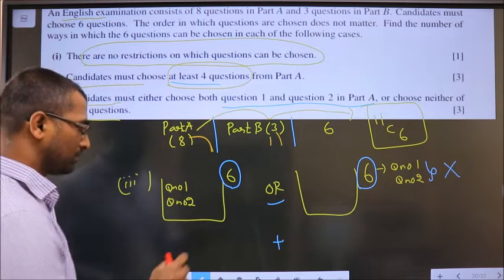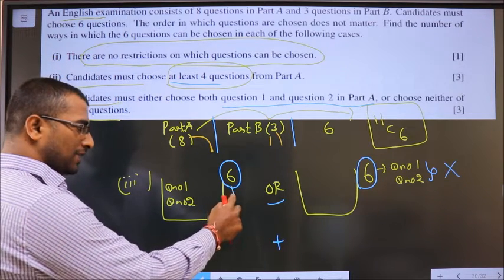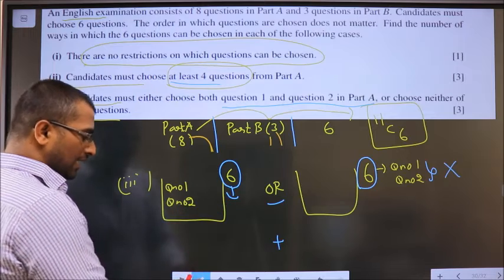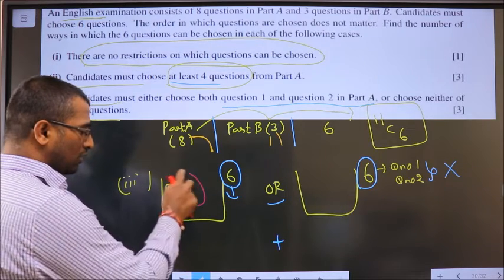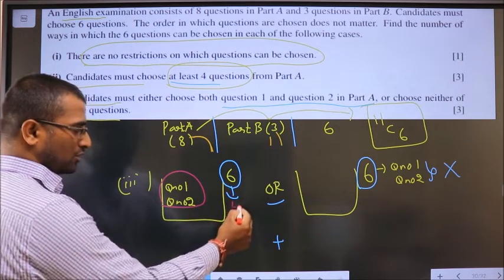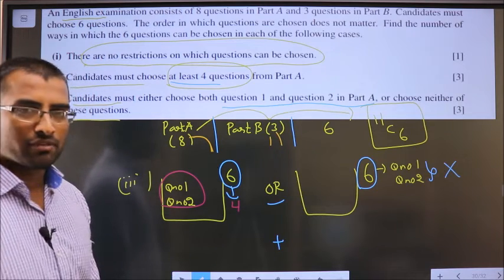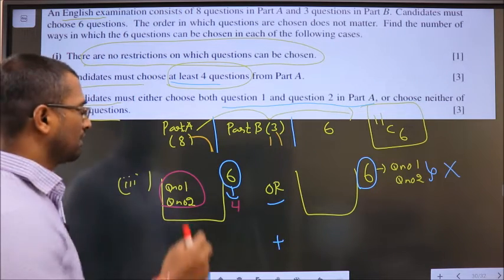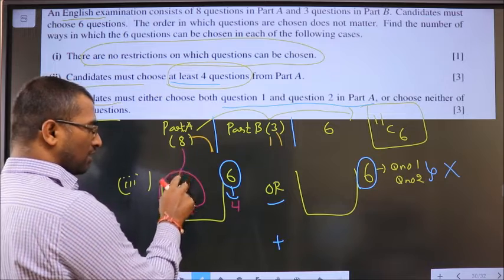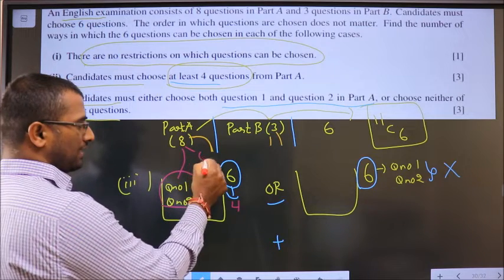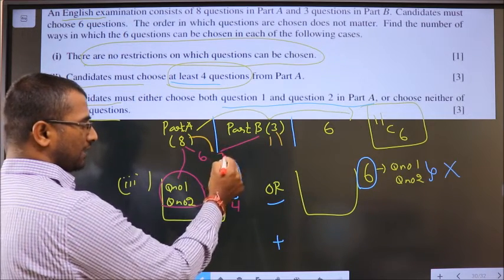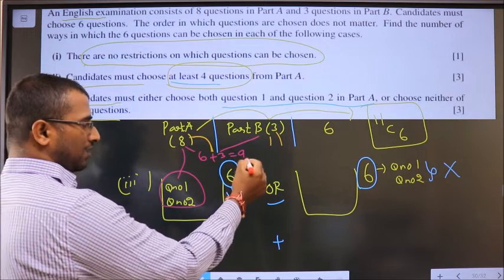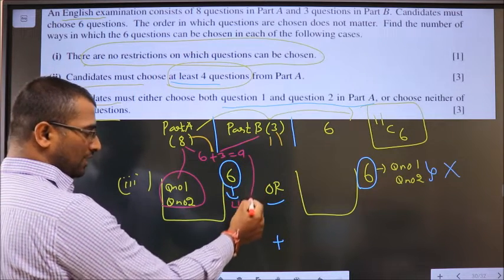Okay, now from the 6 questions that he needs to select, he has already selected 2 of them. So he needs to select 4 more. From how many questions? From 8, 2 are gone, so what is left is 6 in part A and 3 in part B, so the total is 9. From these 9 questions he needs to select 4.